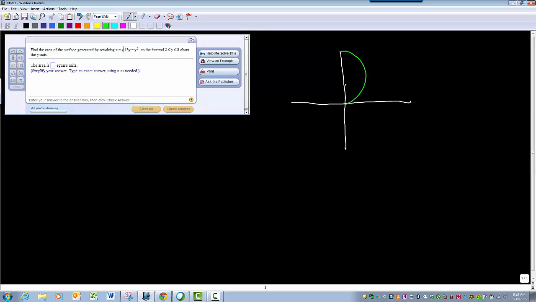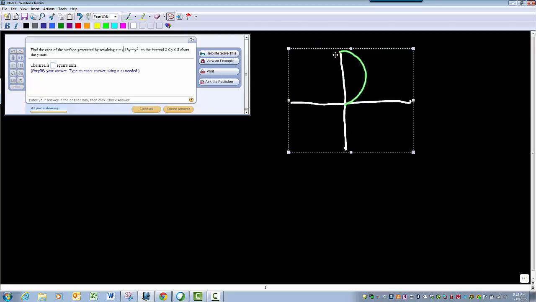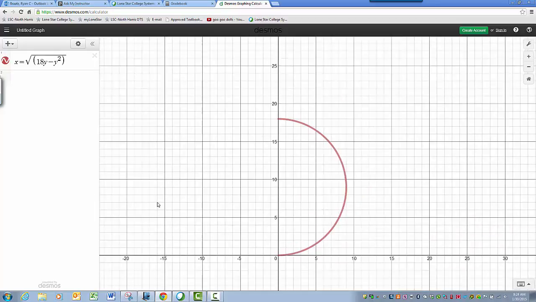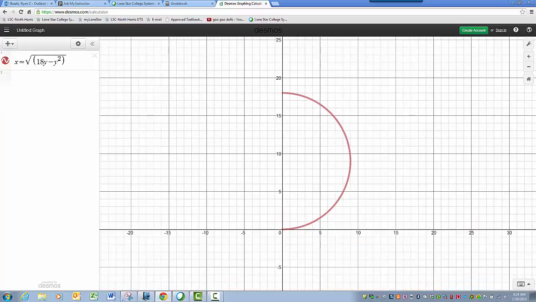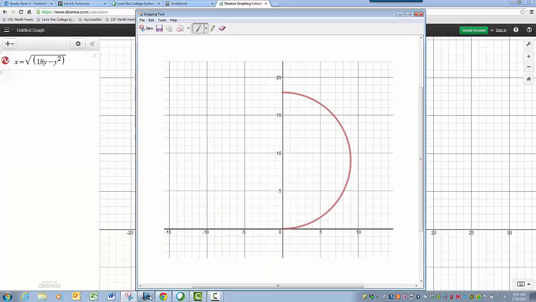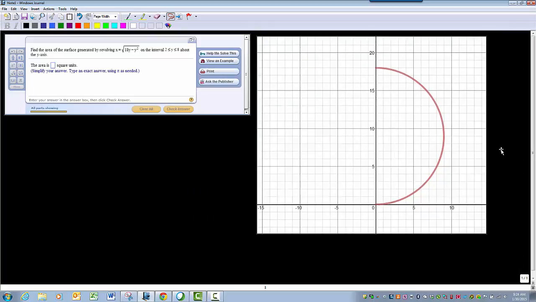Now what I need to do is rotate around. Actually, let's just grab this graph. Why not actually just use the actual graph? There it is. Now we can play around with that.